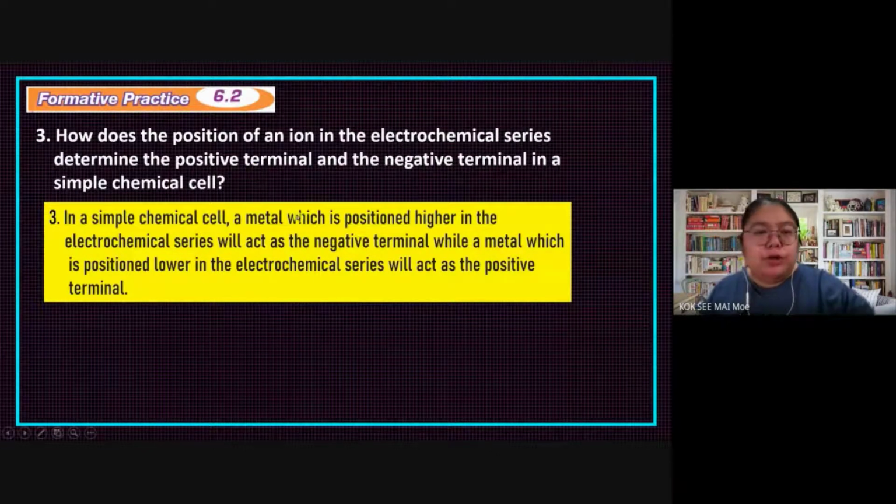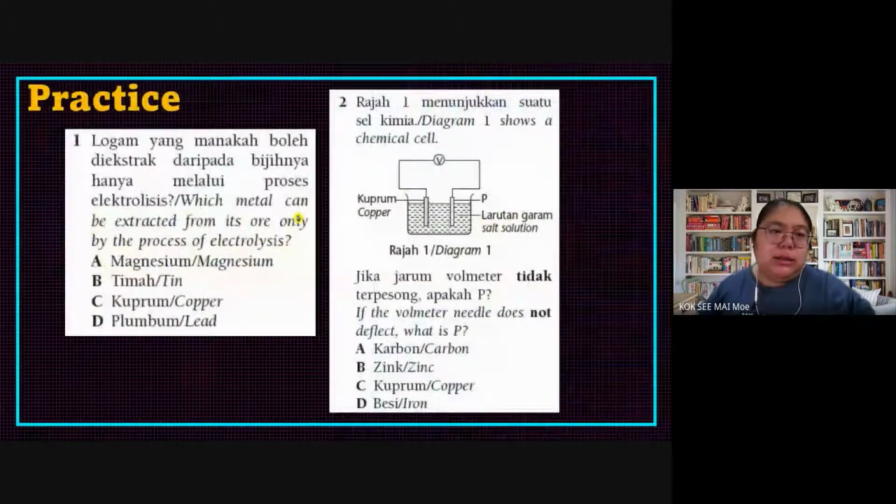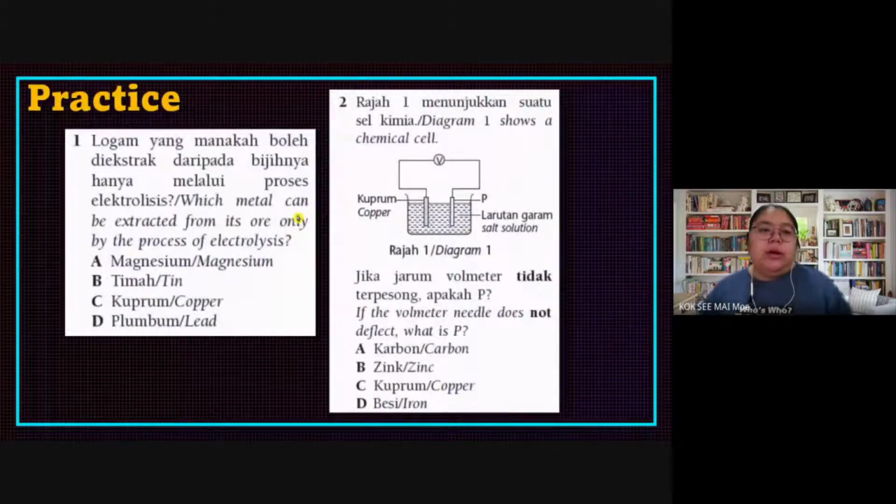Okay, now I will show some exercise. I call your name, then you answer me. We're going to see question number 1. Which metal can be extracted from its ore only by the process of electrolysis? Only for electrolysis.